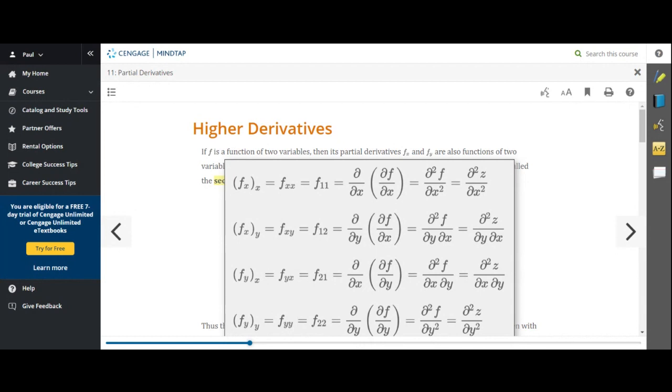The last line, f sub yy, that's the second partial derivative of f with respect to y. That would be concavity with respect to the y-axis in the y direction. And you'll have a few surfaces where you'll actually practice that.